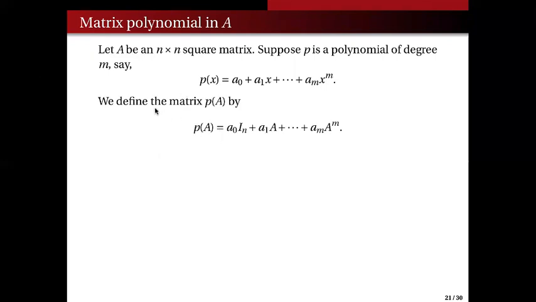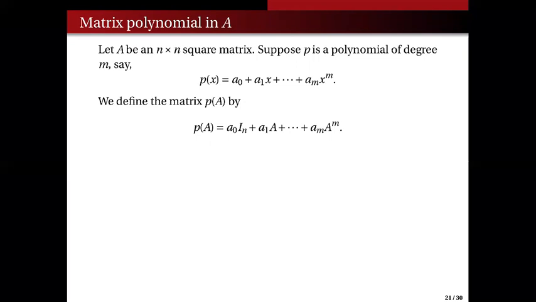So we will define the matrix P of A to be the matrix given by this: a sub 0 times the identity matrix plus a sub 1 times the matrix A plus a sub 2 times A squared, until a sub m times A raised to m.